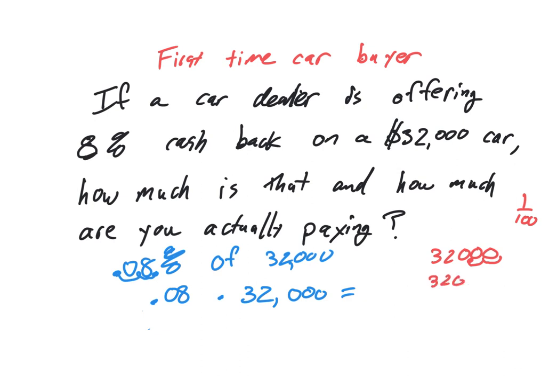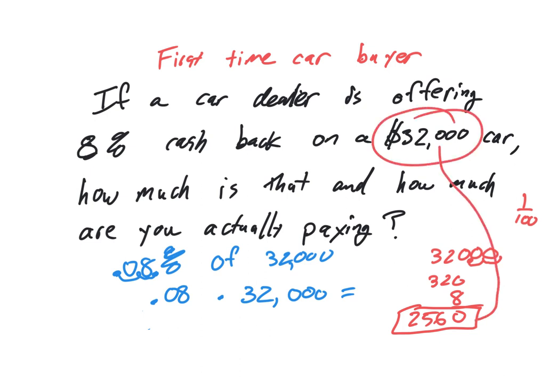That's 1%. If I want 8 of those for 8%, I can do a quick little multiplying there and find out that I'm actually going to be receiving $2,560 back. So I take this away from the cost of the car, and that's how much you are actually paying.